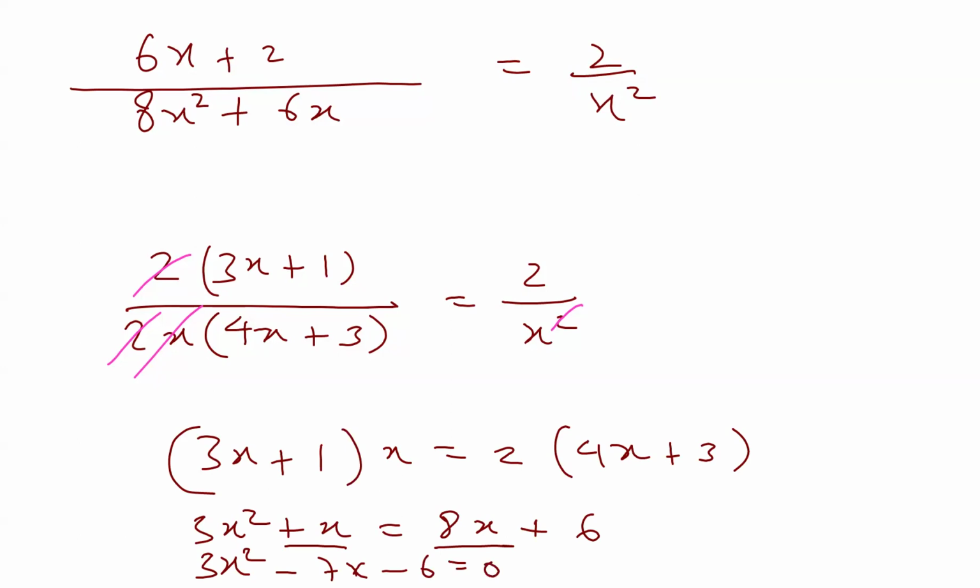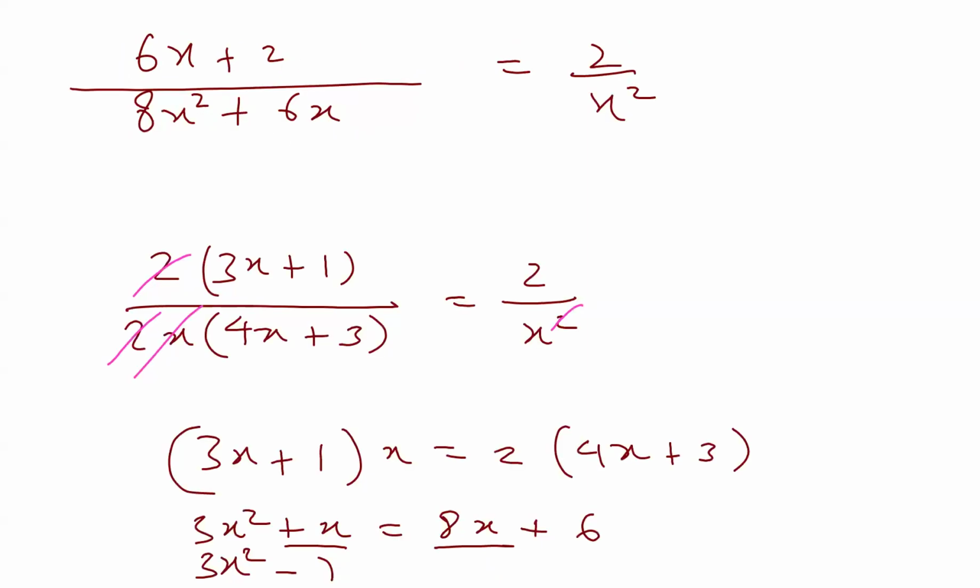Okay, so 3 into minus 18, the factors are 9 and 2. I'll take minus 9 plus 2. So 3x square minus 9x plus 2x minus 18 is equal to 0.